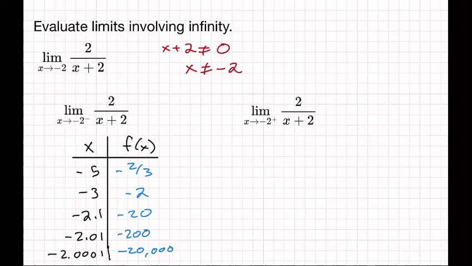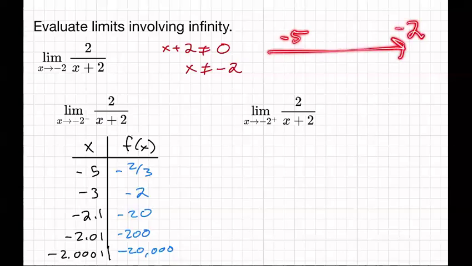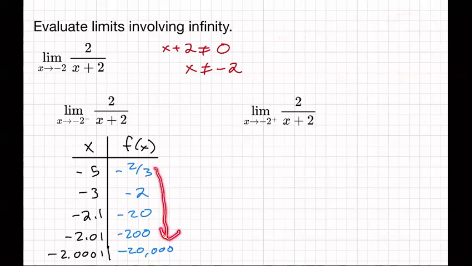But the key is to understand that when you plug in these different values, I'm going from -5 approaching that -2. Right? So I plugged in -3 and then I plugged in that -2.1 and so on. We keep getting closer. So we're not actually plugging in -2. We're just trying to get as close as we can. What you need to see here though is the rapid growth of these values.